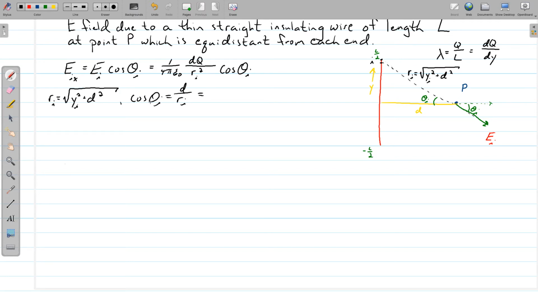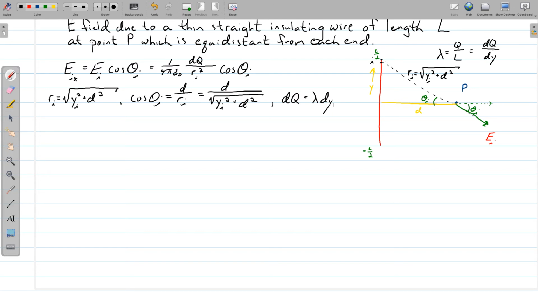So this cosine theta is actually d over the square root of y sub i squared plus d squared. And finally, this tiny little charge, looking at my linear charge density, would be lambda times dy. So the tiny amount of charge on that tiny little wire would equal lambda times dy.